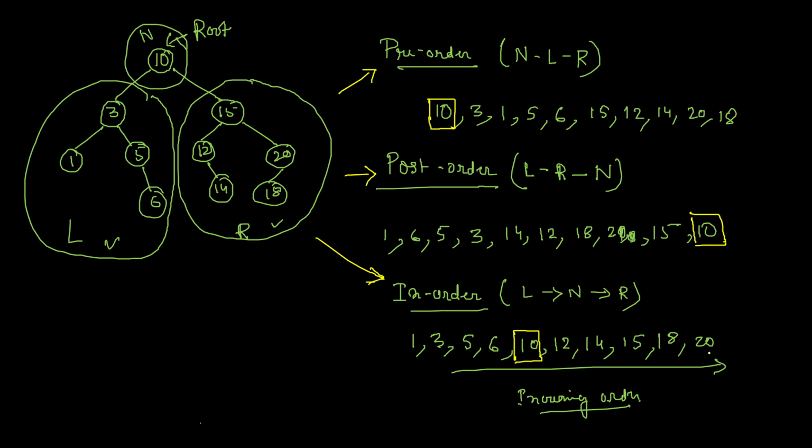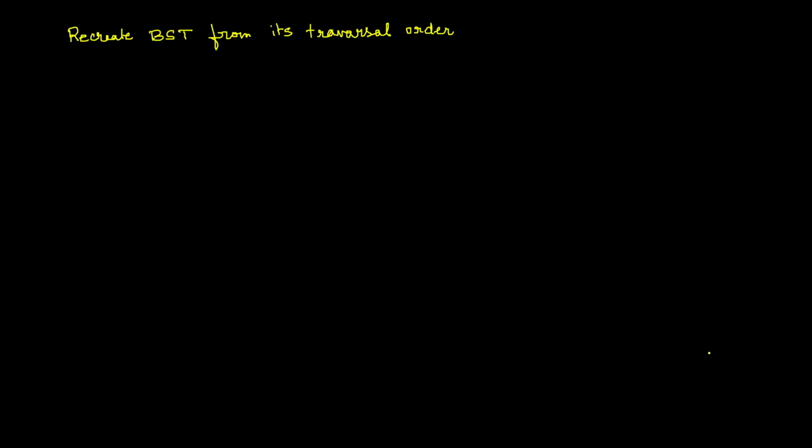So that means only one traversal is not sufficient. I need either pre-order plus in-order, or post-order plus in-order. One of these two combinations.